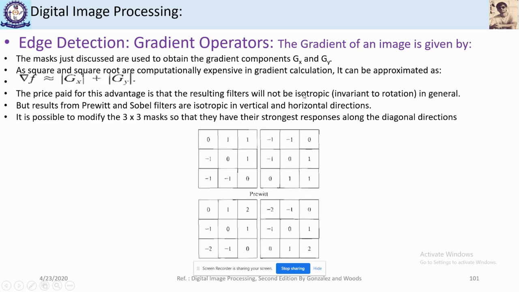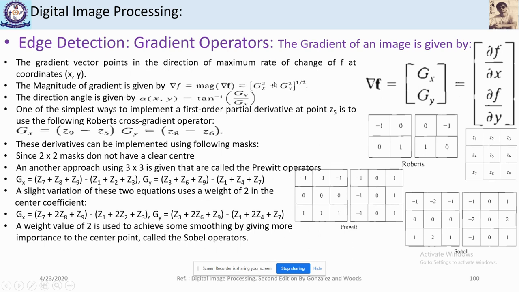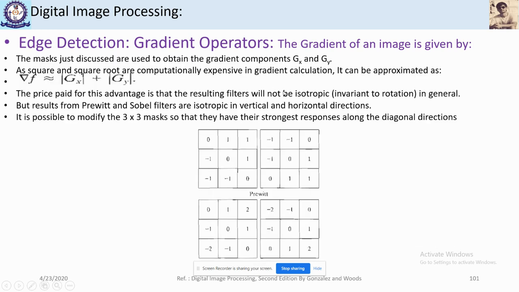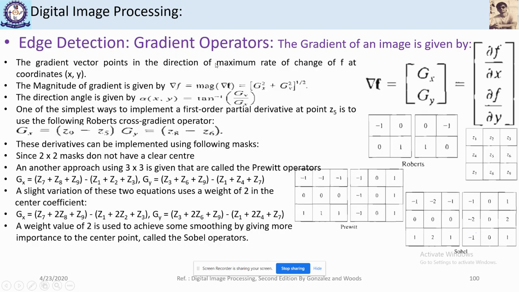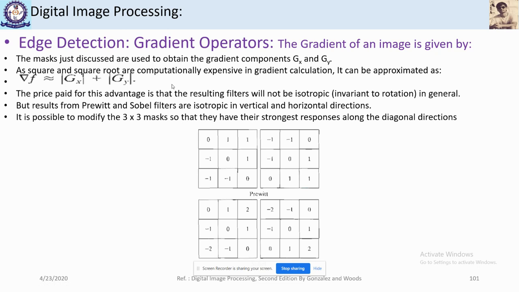But since it has these squares and square root, which are computationally expensive, calculating the magnitude of the gradient is expensive using this method.